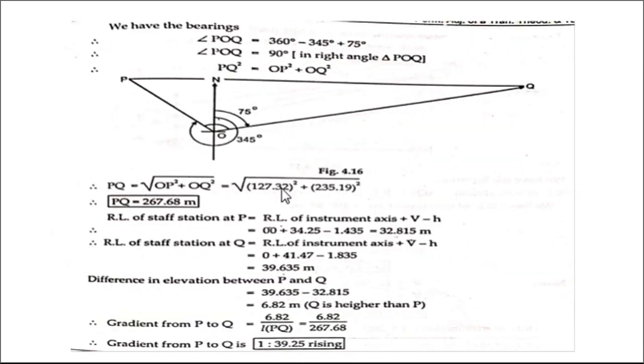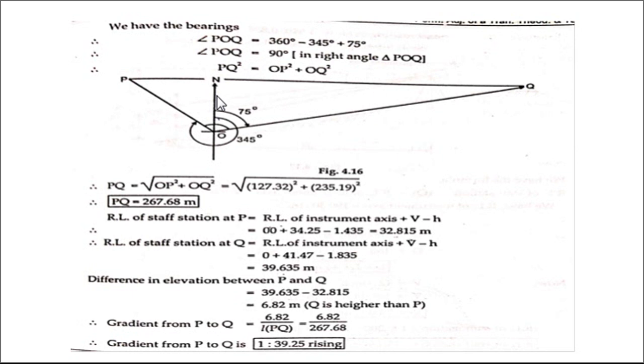Now this is the plan seeing from the top. This is O. From O we have observed point P, and also we have observed point Q. Is it not? This is the top view, and in the numerical they have given the bearing of point P and bearing of Q with respect to north.